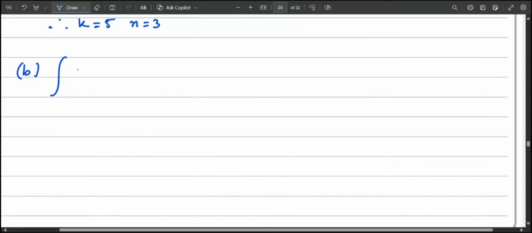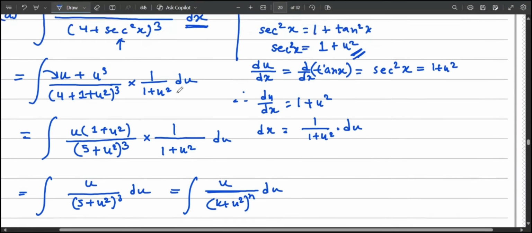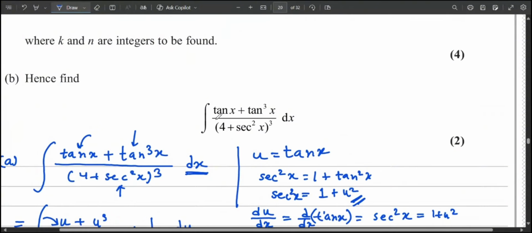In part B of our question we are told to find the integration of (10x plus 10 cube x) divided by (4 plus 6 square x) to the power of 3 dx. So this is what we are told to calculate.